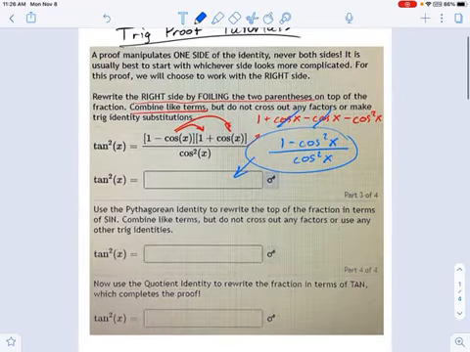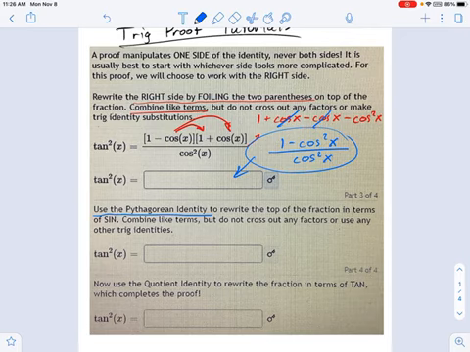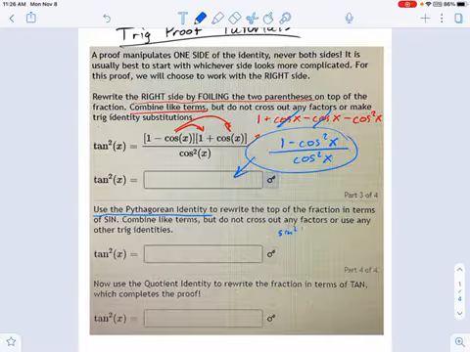Now, next step, we're going to use the Pythagorean identity to rewrite the top of the fraction. And I want to point out we're only doing the top of the fraction according to the directions: rewrite the top of the fraction in terms of sine. So what is that Pythagorean identity? Well, my favorite Pythagorean identity is the Santa Claus one, because we use it so much. Sine squared plus cosine squared equals 1.